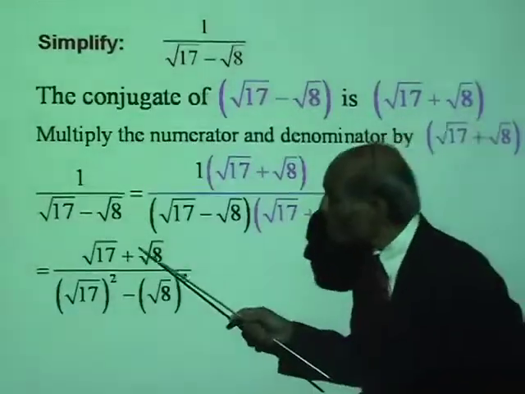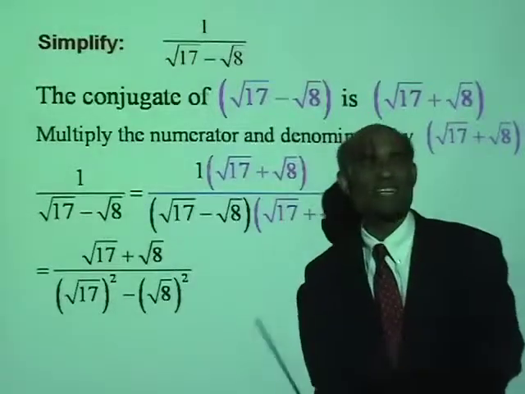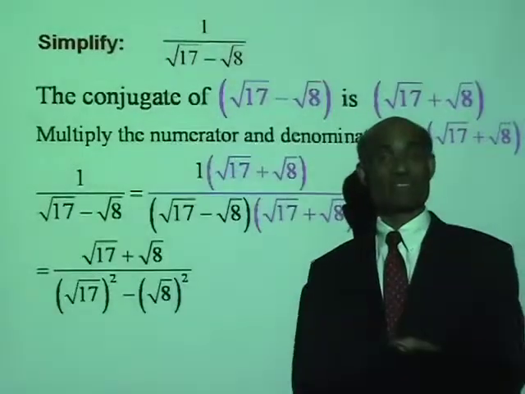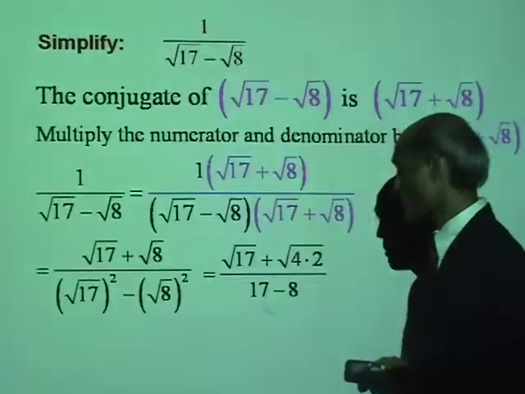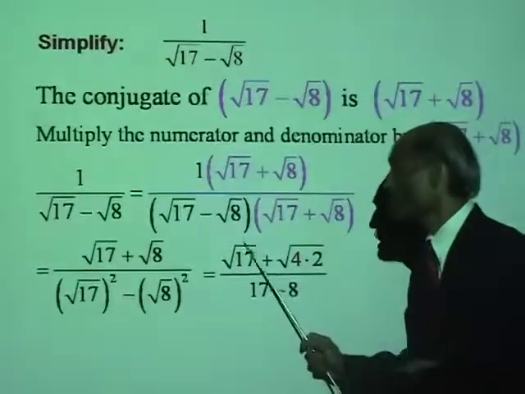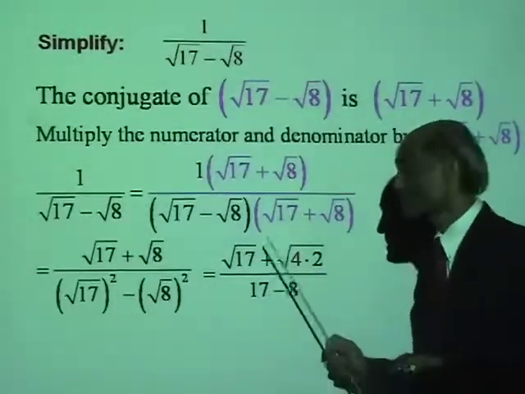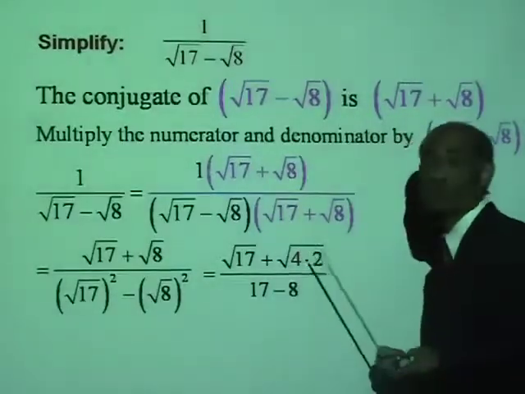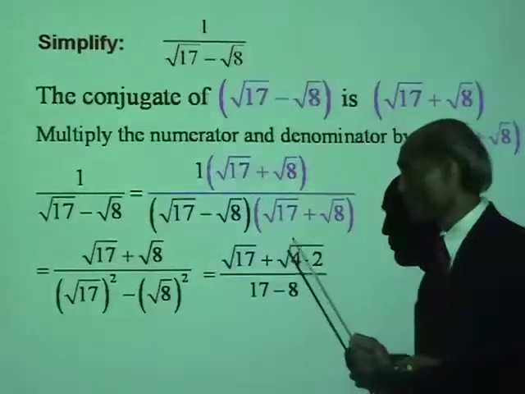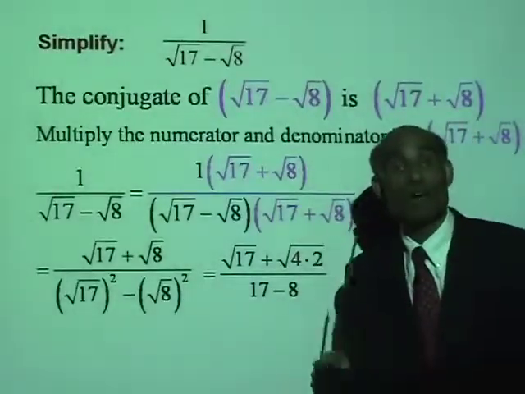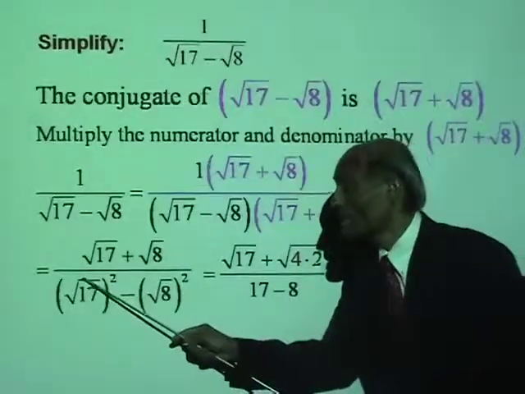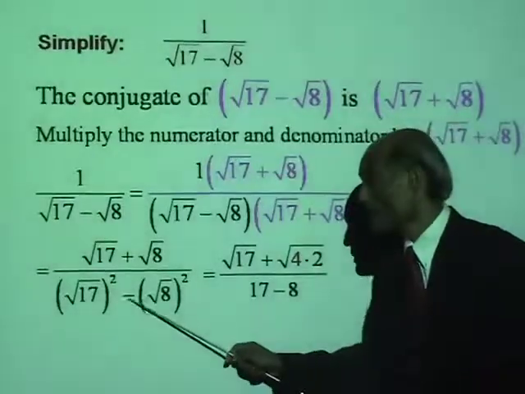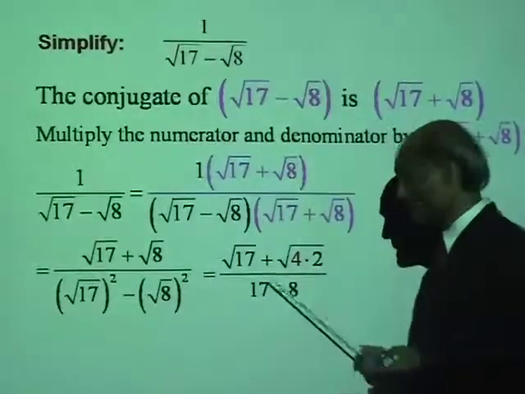Alright. You see, on the numerator, square root 17 cannot be simplified, but square root 8 can be simplified. You know that. So, look at the way I wrote my numerator: square root 17 plus square root of 8, I wrote as square root of 4 times 2. You know why I wrote it that way? 4 is the biggest perfect square in 8. And the denominator, square root 17 squared is 17, minus square root 8 squared is 8.